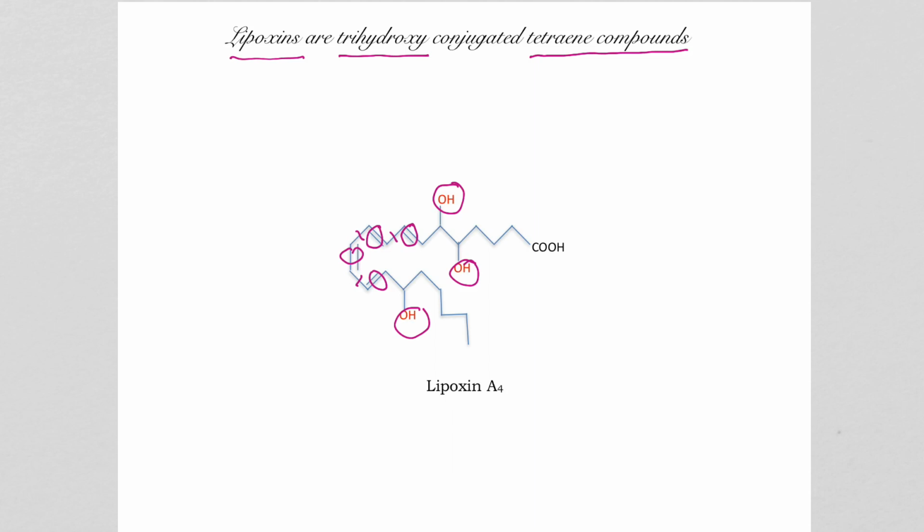So there are tetraene, 4 conjugated double bonds, tetraene. So lipoxyns are trihydroxy conjugated tetraene compounds. Fancy name for these very, very important compounds, lipoxyn.